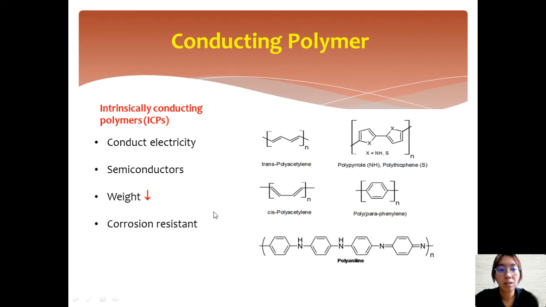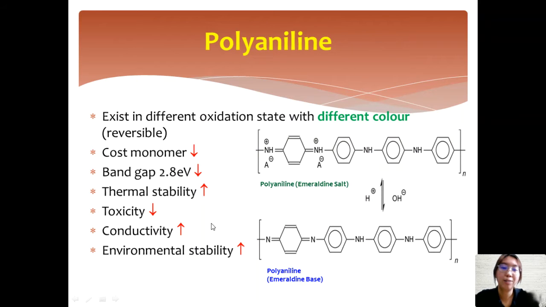So among the conducting polymers, polyaniline is one of the most studied polymers. The reason why polyaniline is widely studied and also widely used in industry is because it can exhibit various oxidation states with different colors, and the reaction is actually reversible.